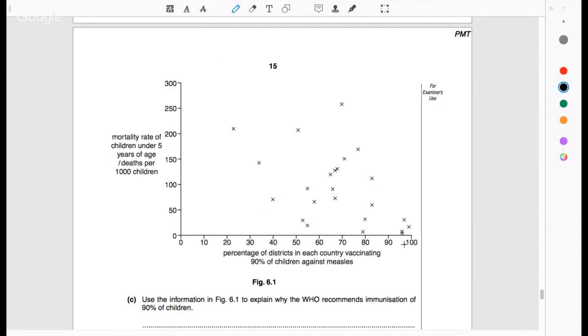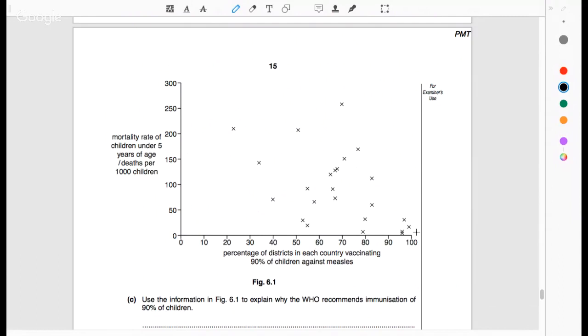But the countries with 90 or more percentage of districts have a very low mortality rate. Okay, good. Yeah, that's all I've got.